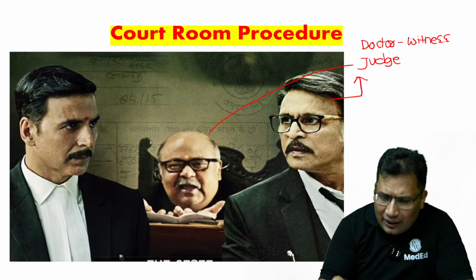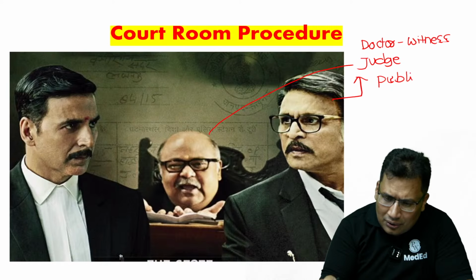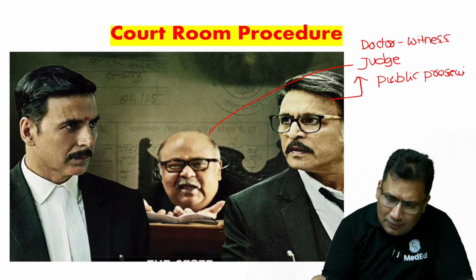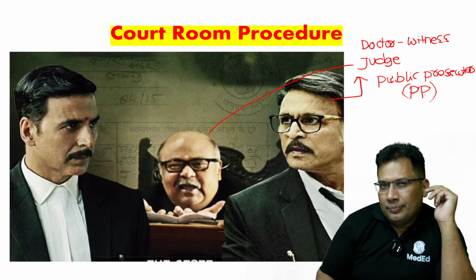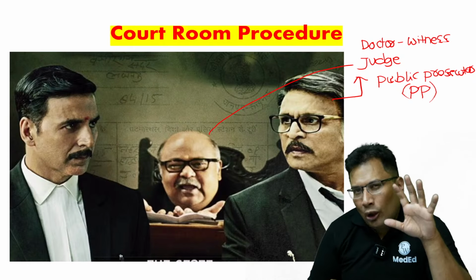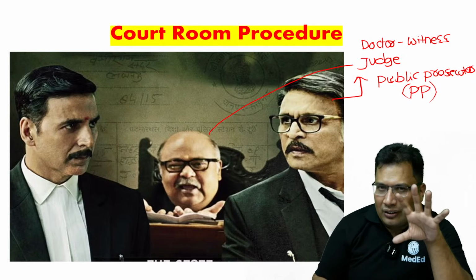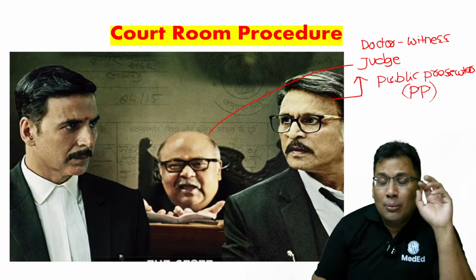And the second character here you can see, public prosecutor. So we call it PP. In simple words, PP, public prosecutor, APP. The government lawyer, the government advocate, is classically known as public prosecutor.